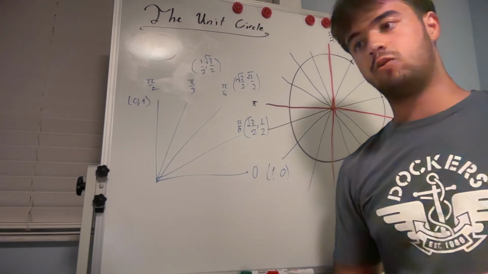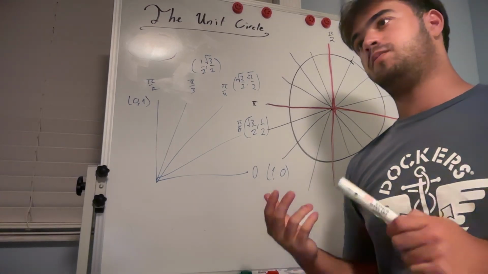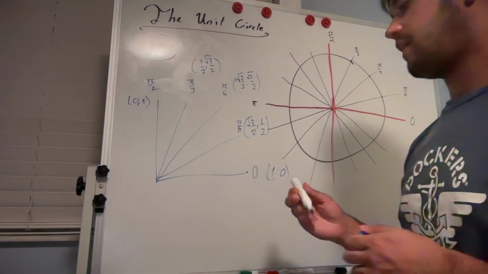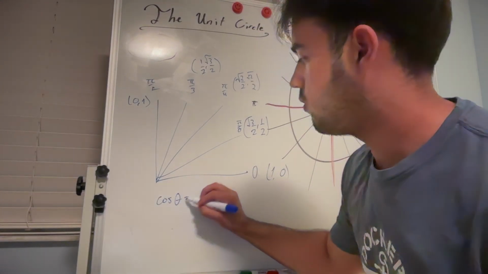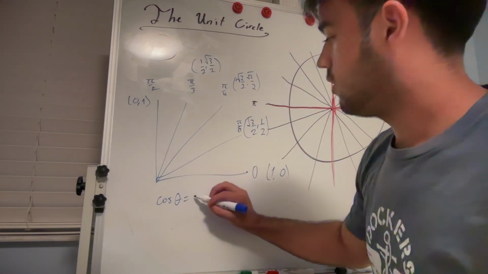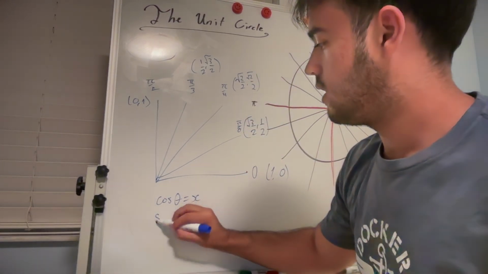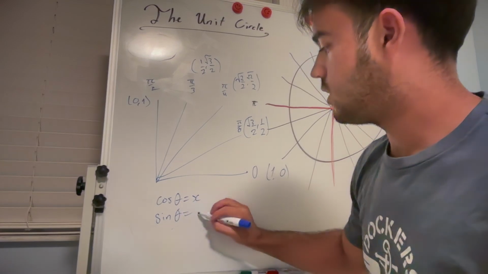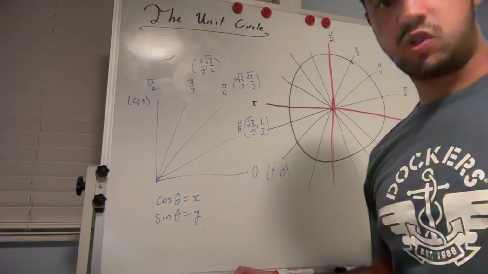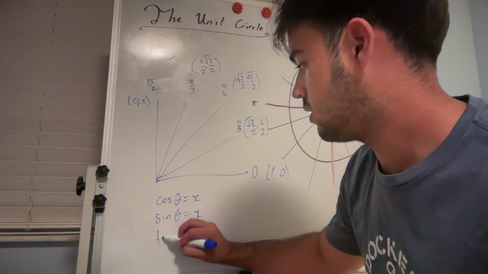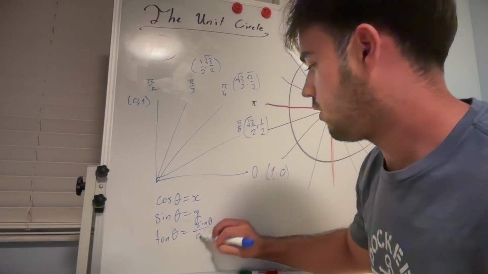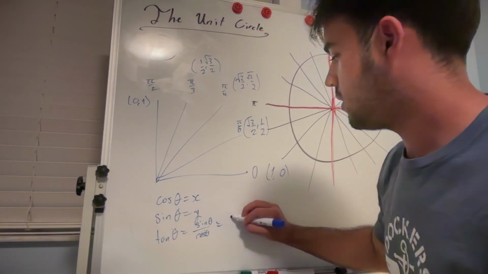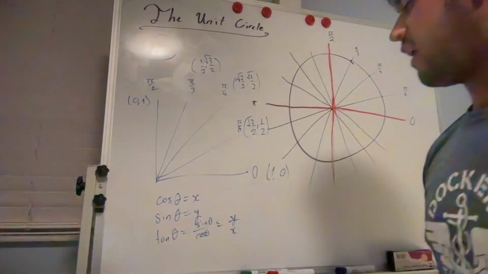Now on the unit circle, you'll learn that cosine of your angle is just equal to your x coordinate, and sine of your angle is equal to your y coordinate, which means that the tangent of your angle, which is the sine over the cosine, is going to be your y over x.